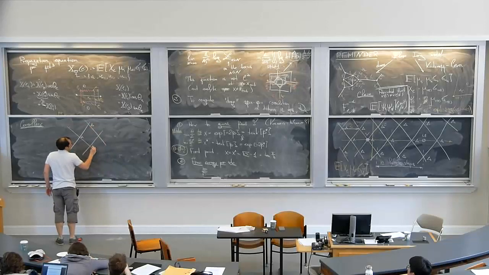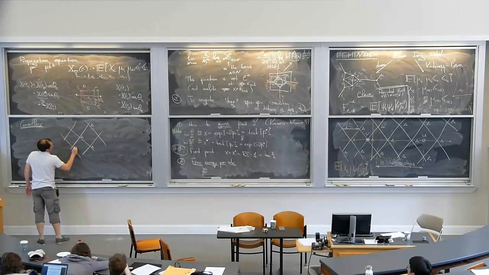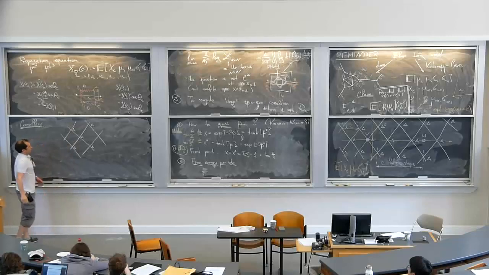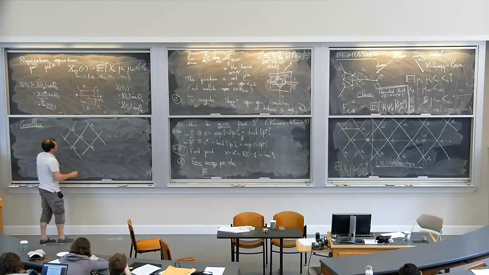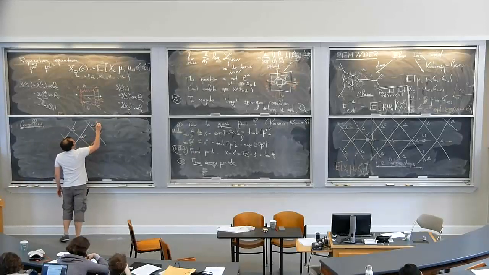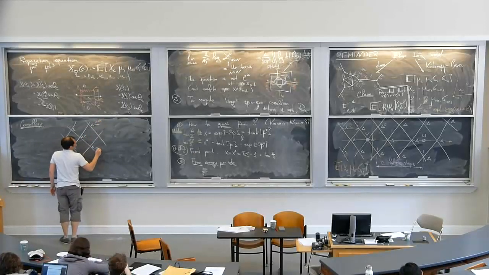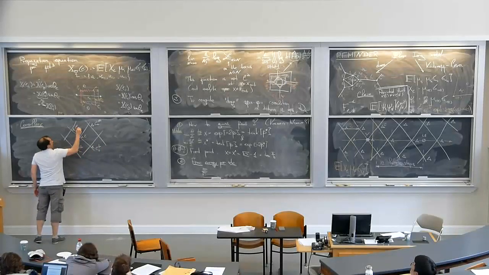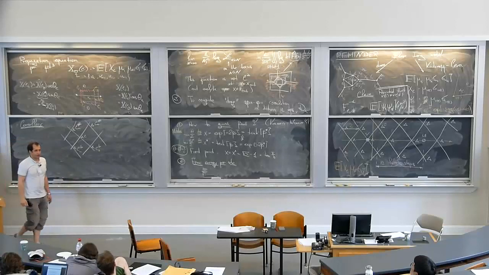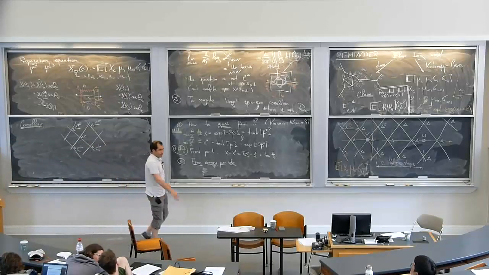So I have a corner of this type and 4 corners nearby. I need some notation. Let it be something like that. Just 4 neighbors.